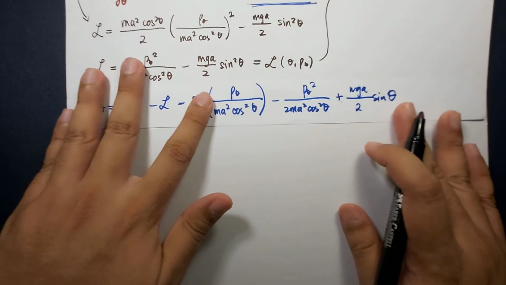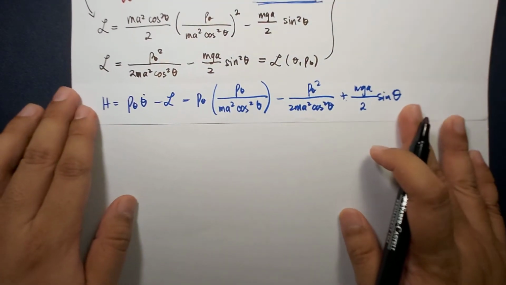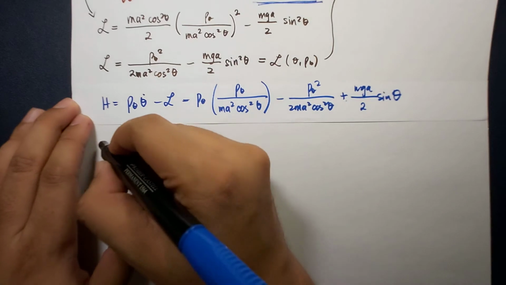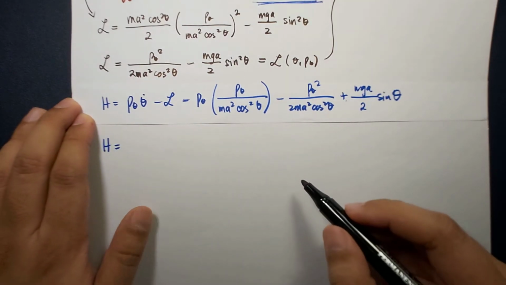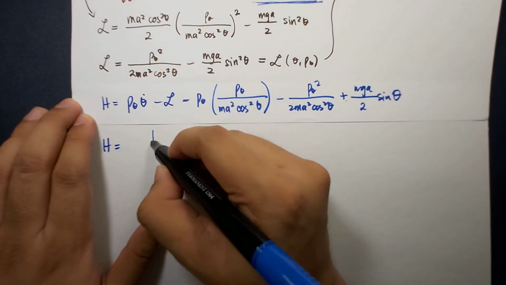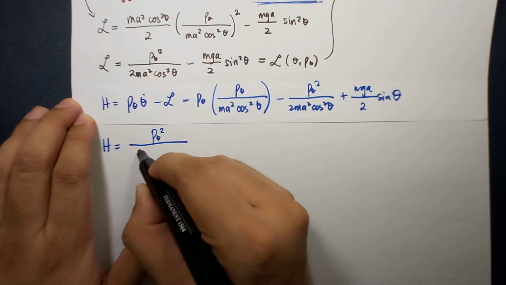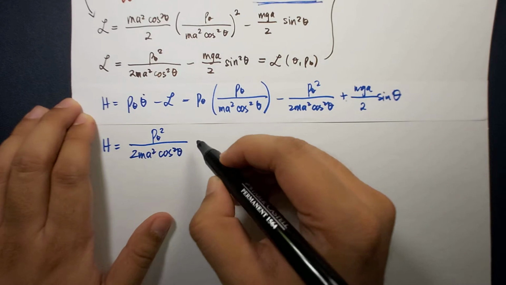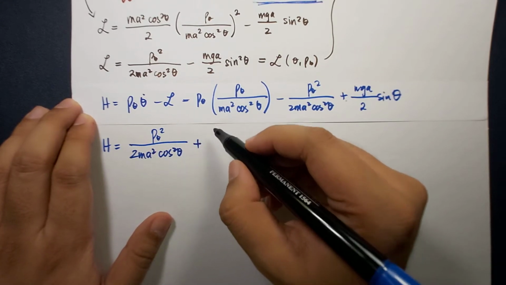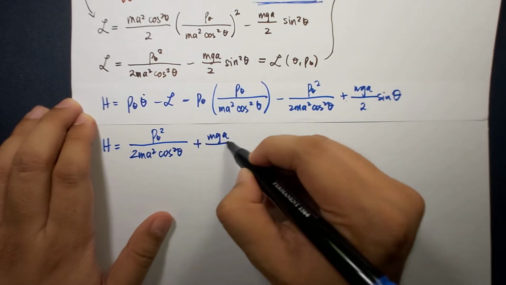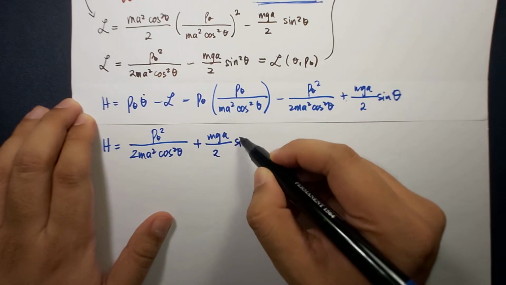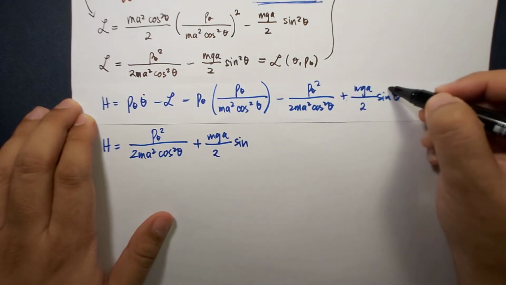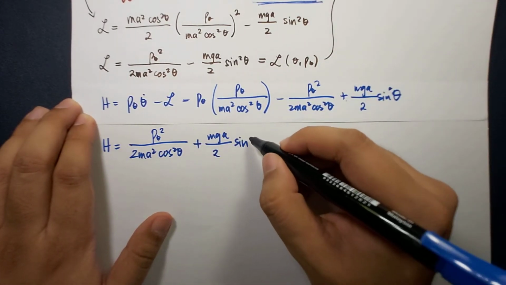Okay, so from here we can express the Hamiltonian as follows: p theta squared over 2 m a squared cosine squared theta plus mga over 2 sine, sorry, this should be sine squared theta.